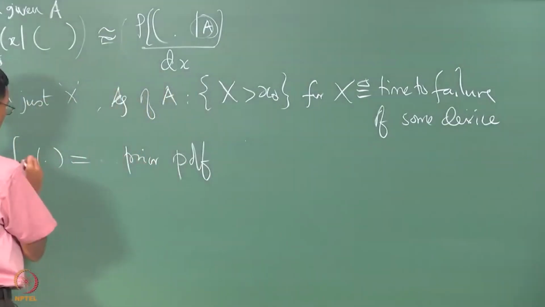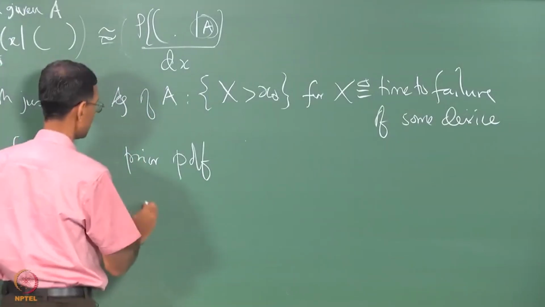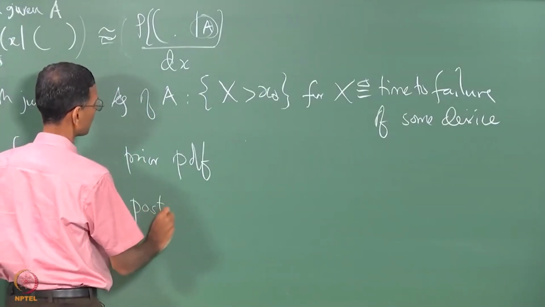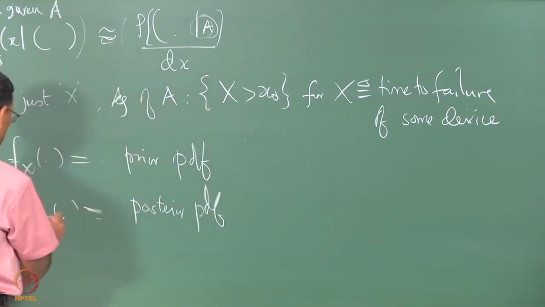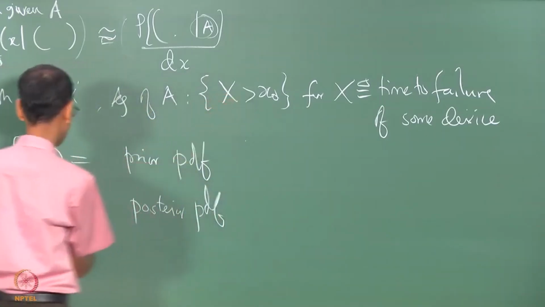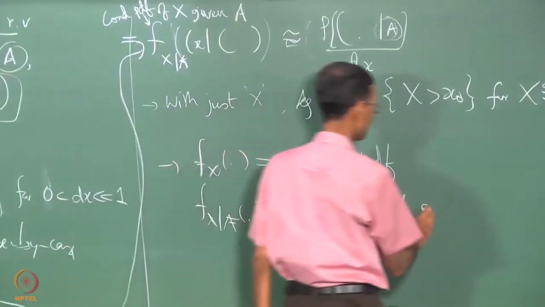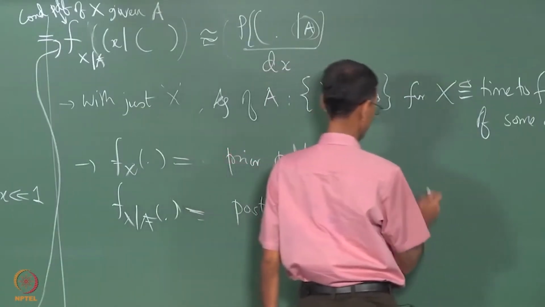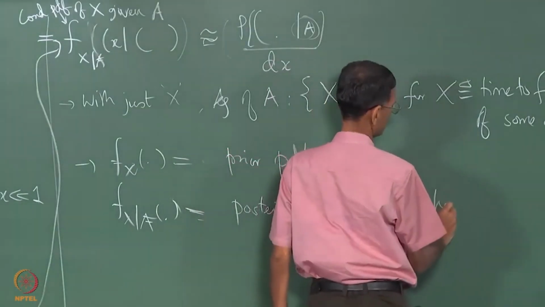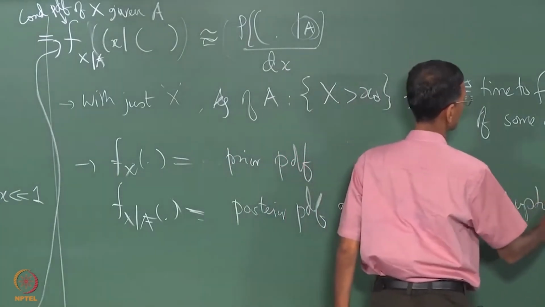So what is this fx given a? This will be the posterior PDF given that for this particular a, that is for x greater than x naught, which I can put out here. So this could be posterior given that the device has worked up to x naught.